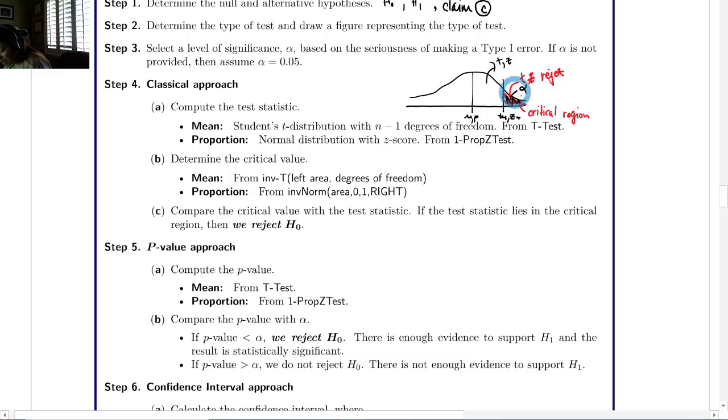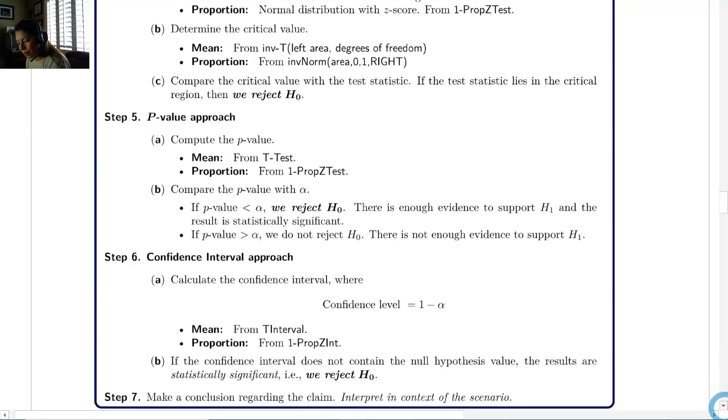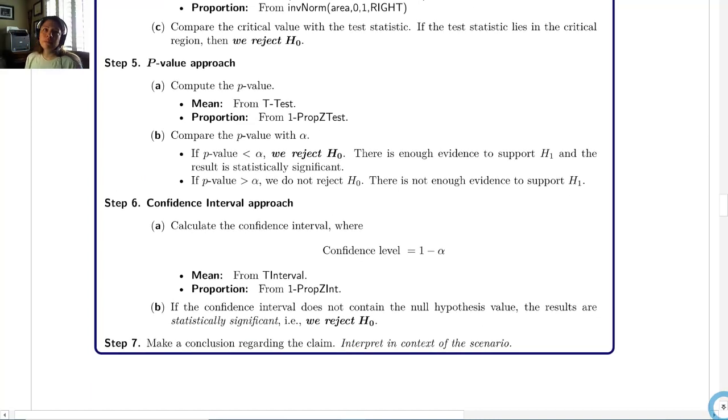If the p-value is to the right of the alpha, we reject the null. If it's not, we do not reject the null. So it's the same thing, except we're using z-scores and t-scores. In the p-value approach, step 5, it's exactly what we've been doing. I won't go over it. And if you haven't, please watch the section 9.4 notes.